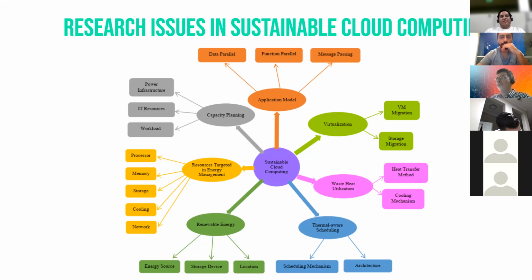The renewable energy, the green, oh, sorry, maybe this one. The energy resources can be solar or wind. The energy storage device, like net metering or batteries, and the location, like offsite or onsite, are important components of renewable energy, which can be optimized.